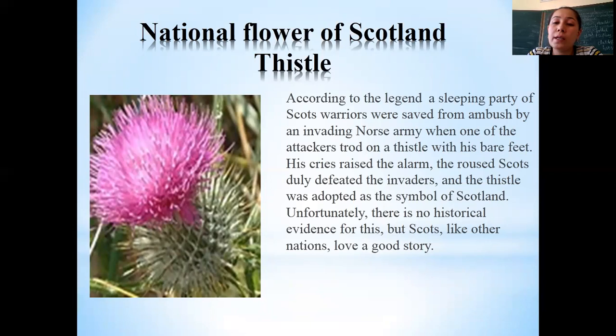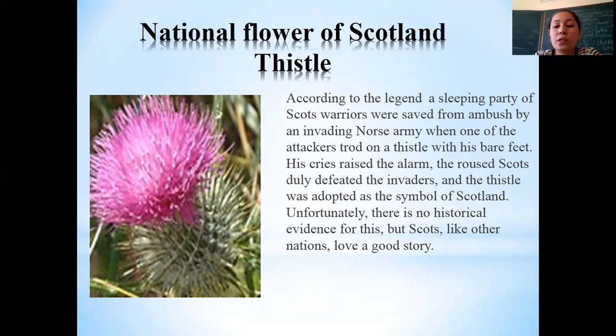So in the next slide we can see the national flower of Scotland, the thistle. According to the legend, sleeping Scots warriors were saved from an ambush by an invading Norse army when one of the attackers trod on a thistle with his bare feet.